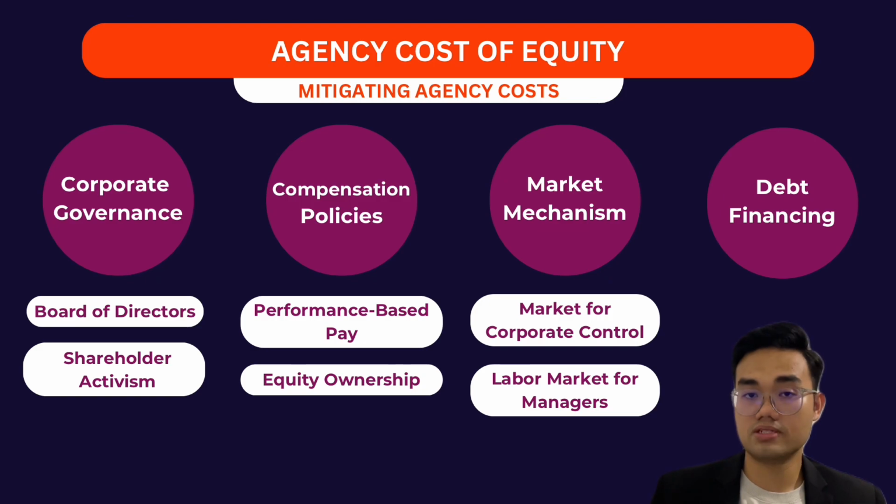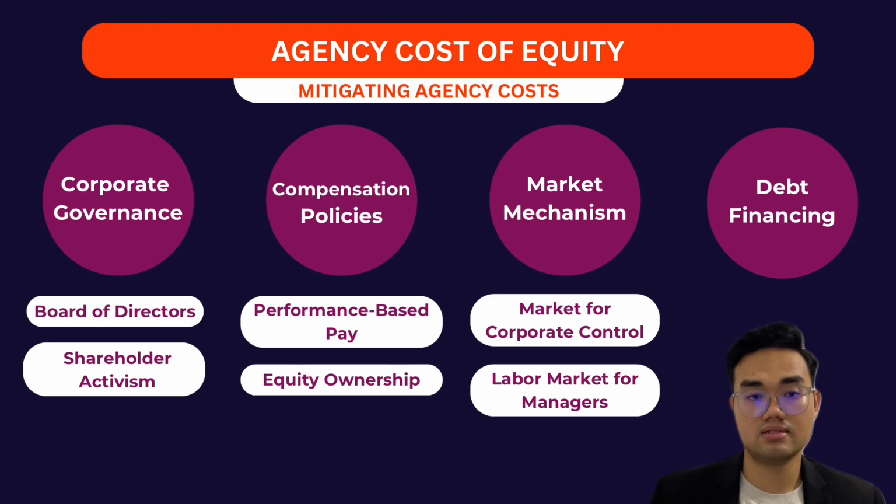Second one, compensation policies, categorized into two: performance-based pay and equity ownership. In terms of performance-based pay, linking managerial compensation to firm performance through stock options, bonuses, and profit sharing can align interest. And next, equity ownership, encouraging managers to own shares in the company can make them more invested in the company's success.